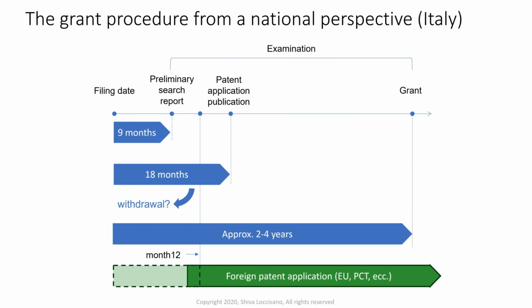But before the end of the 12th month, we can also decide to file that same patent application, or to say it better, a different patent application covering the same invention, in front of an office of another country, so that we can get patent protection for the same invention also in the other country.